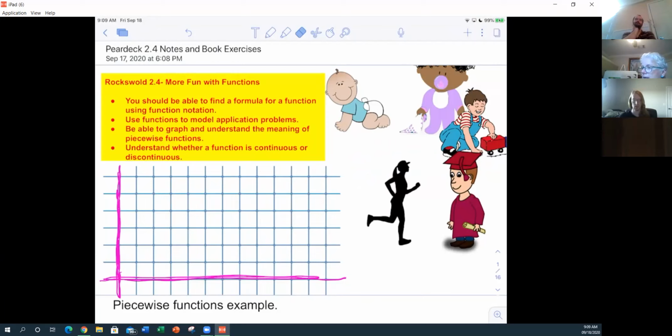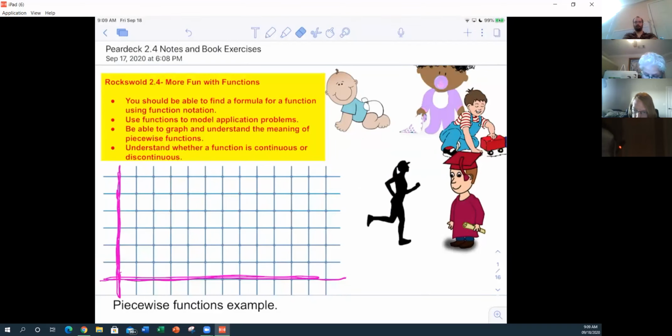One of the functions that I like, that I believe Matthew went over, is the step function, or the greatest integer function, and that's the one that looks like steps. I always like to think of it like people as they age.